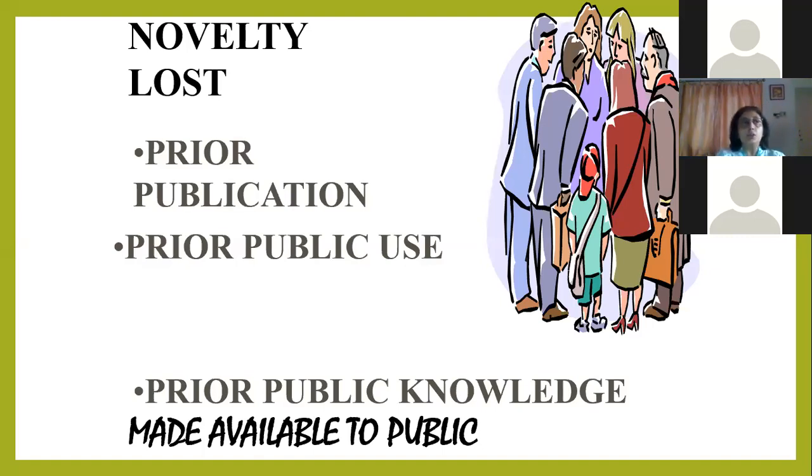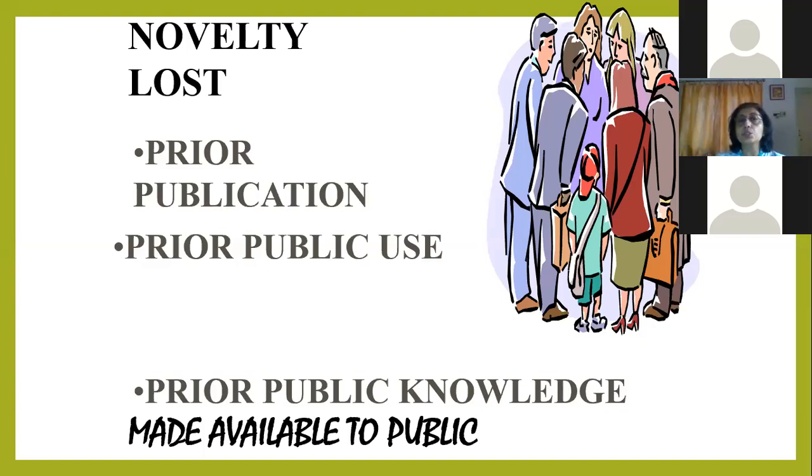So under what circumstances is the novelty lost, or what do you compare with to find whether that invention is actually novel? So you can compare with prior publication, you can compare with prior public use, and you can compare with prior public knowledge.